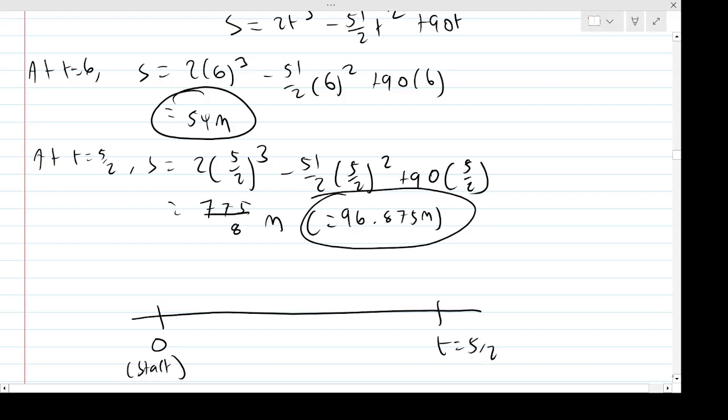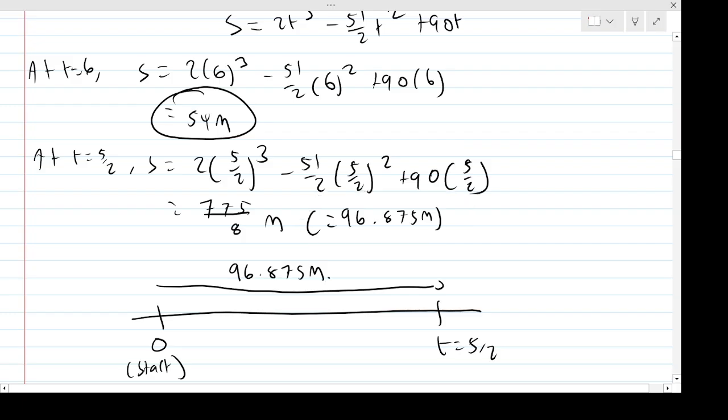At this point in time, the distance from the starting point is 96.875 meters. Okay. And then when t is 6, then it's now at 54 meters.